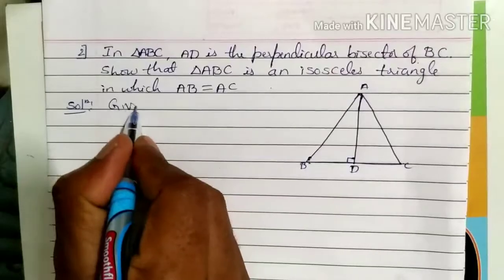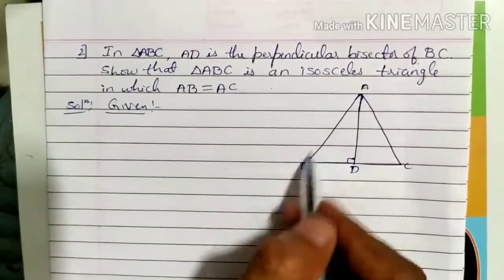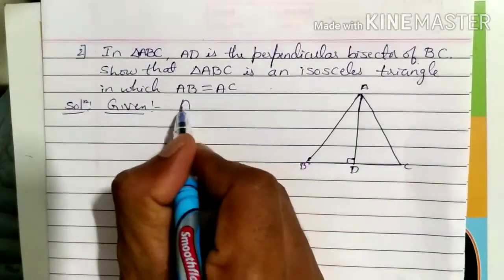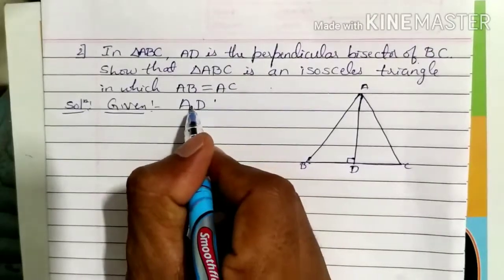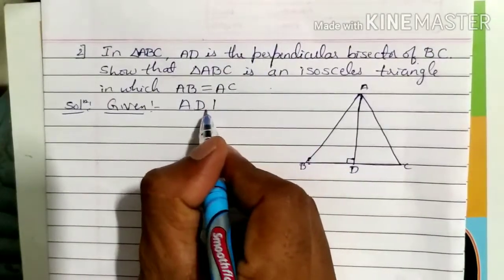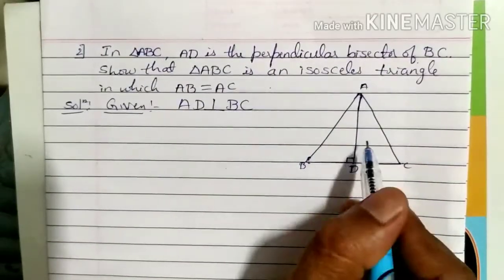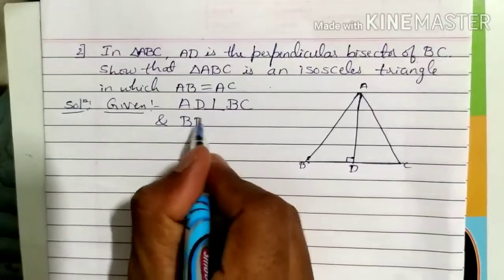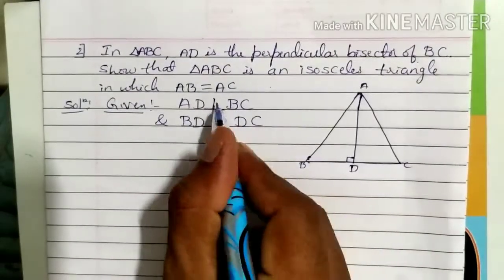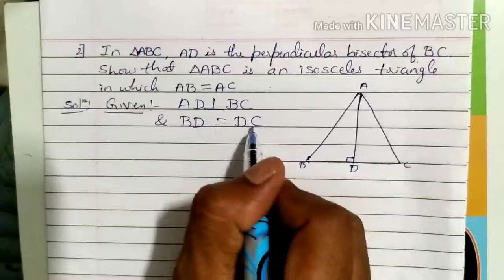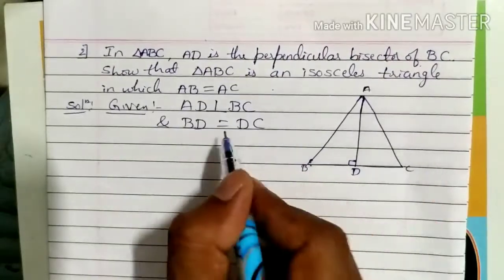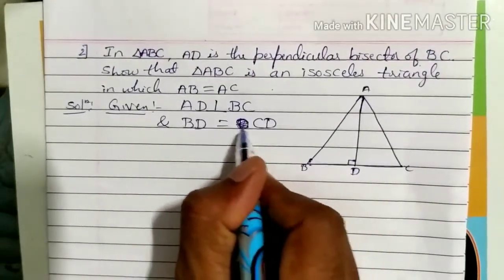What is given? AD is perpendicular to BC and BD is equal to DC. These two are given.